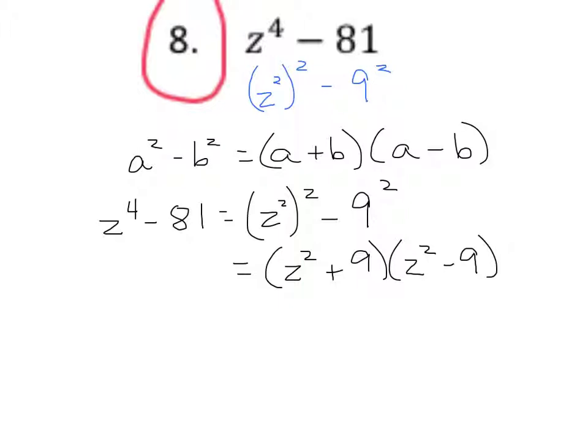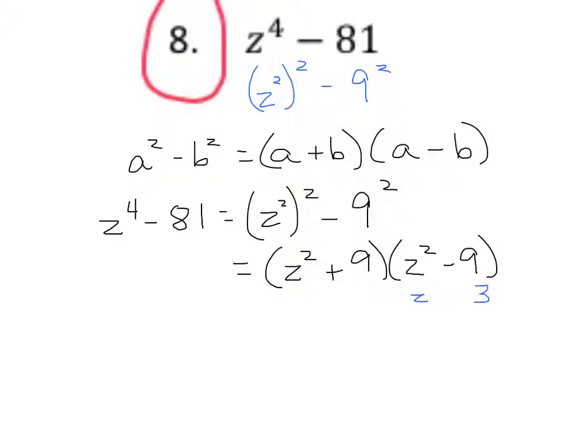What you have to be careful of in a problem like this is, can you factor it further? So you know you can't factor z squared plus 9 further because the sum of squares is not factorable. But if this is a difference of squares, you have to factor it. And 9 is a perfect square, 3 squared, and z squared is also a perfect square, so you have z and 3 here.